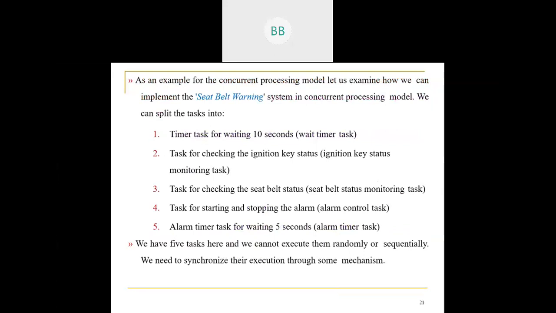Accordingly, the tasks in this application are divided into 5: wait timer task, ignition key status monitoring task, seat belt status monitoring task, alarm control task, and alarm timer task. These 5 tasks cannot be executed randomly or sequentially. We need to synchronize their execution through some mechanism.